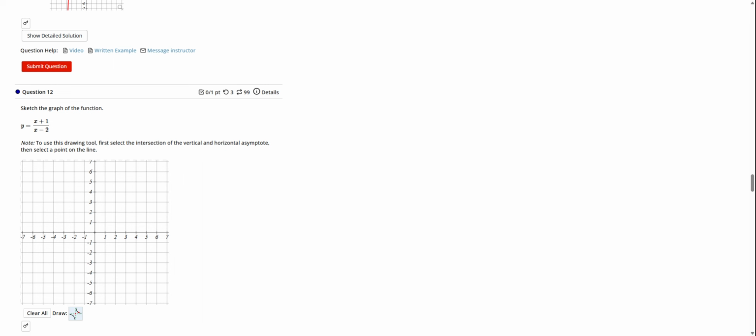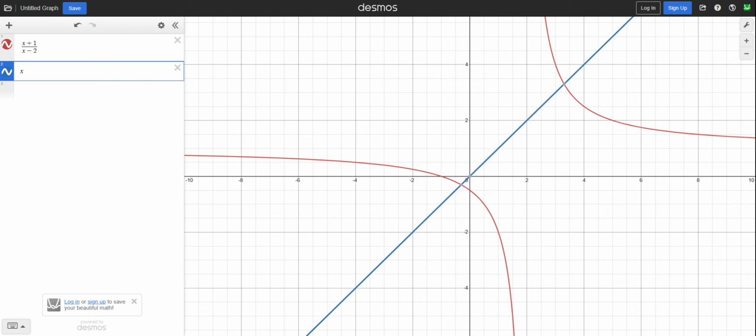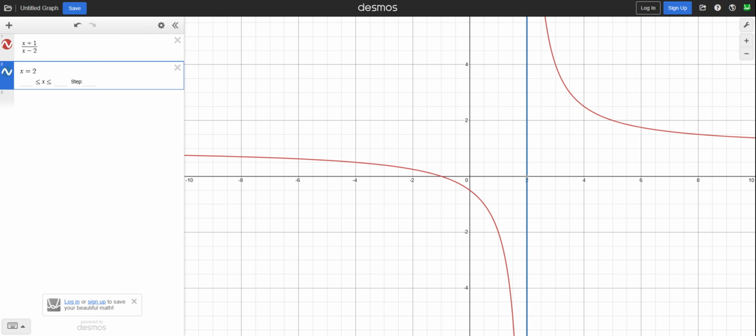x plus 1, so x plus 1, type that into Desmos. And then x minus 2, I think it was. Yes. Let me go to Desmos first. I typed that in. Now, as I look at this, it is hugging around x equals 2.